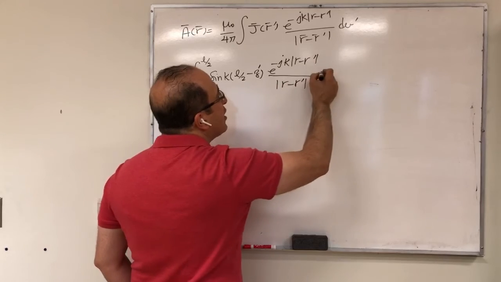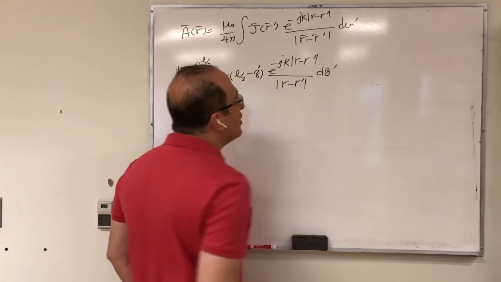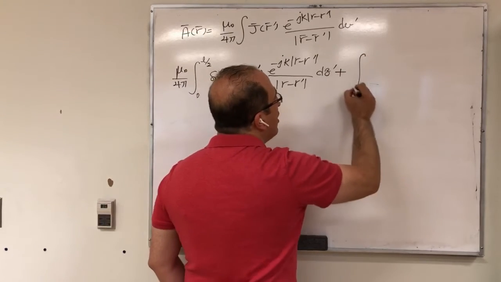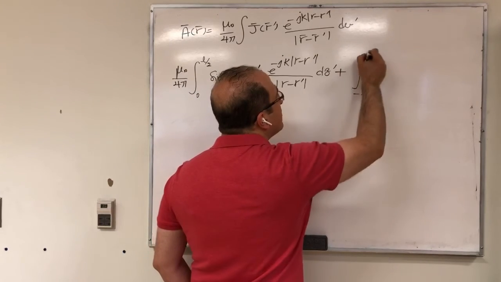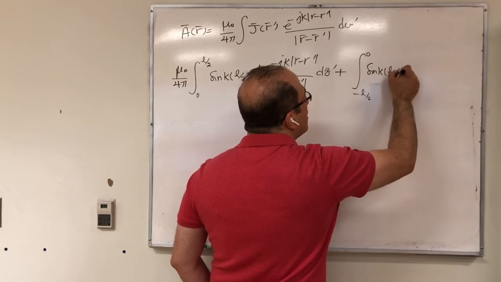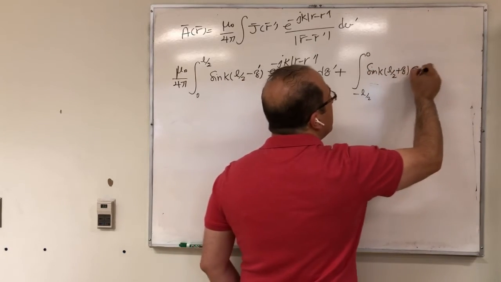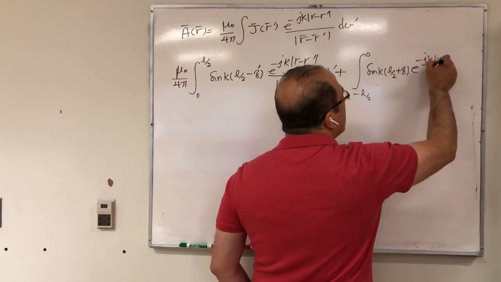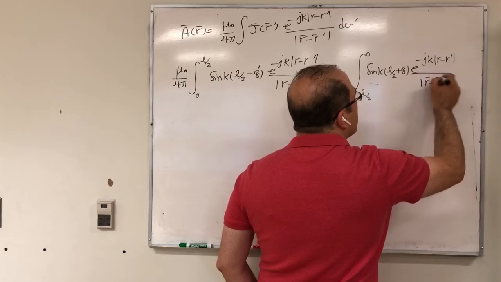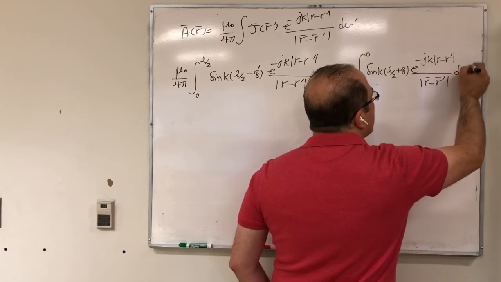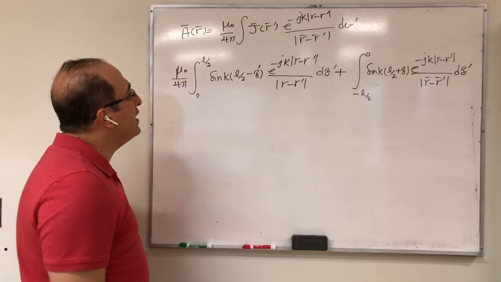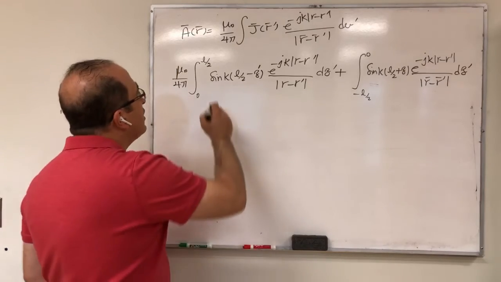And then dv becomes dz prime along the dipole antenna. Then I go to the bottom arm, from minus L divided by 2 to 0, of sine of k(L/2 plus Z prime) e to the power of minus jk |r minus r prime| dz prime.